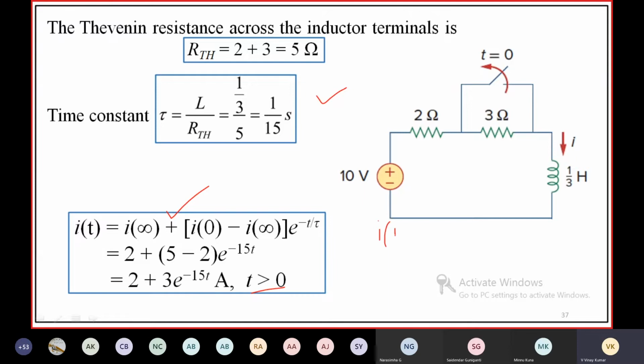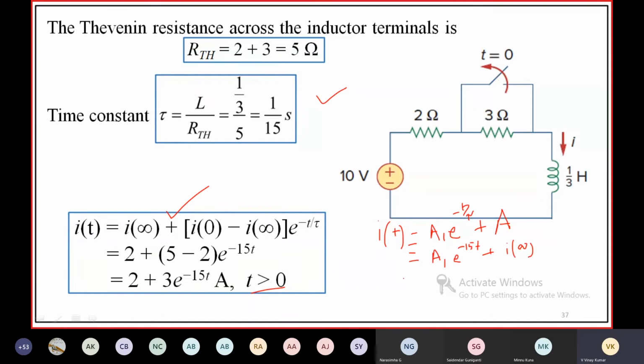I of t is equal to a1 e power minus t by tau plus a, which is equal to a1 e power, after using this time constant, minus 15t, plus this is nothing but I of infinity, the steady state value.